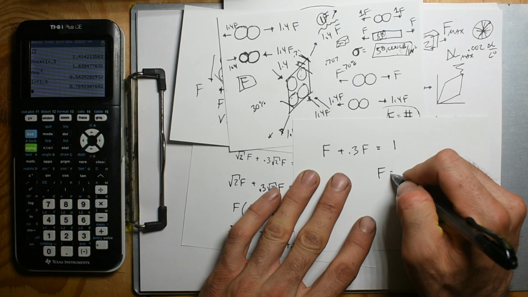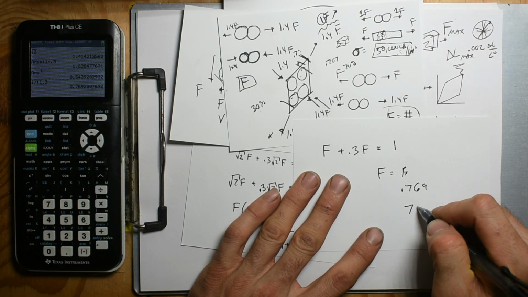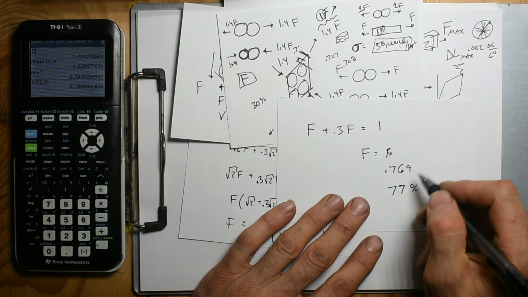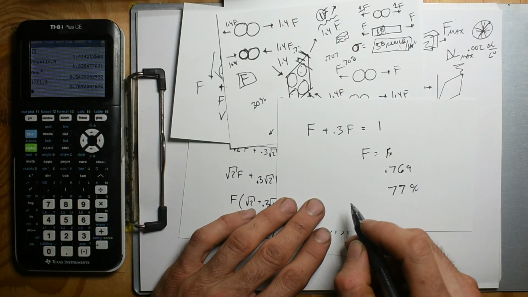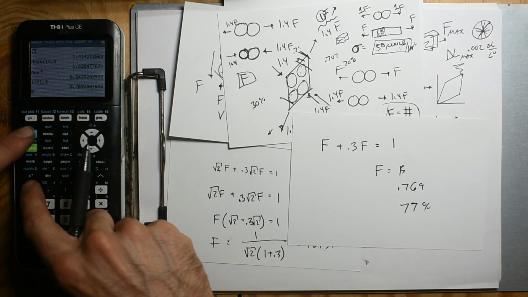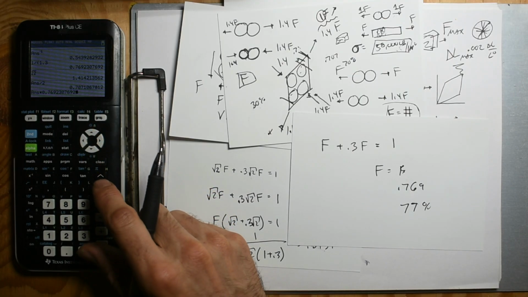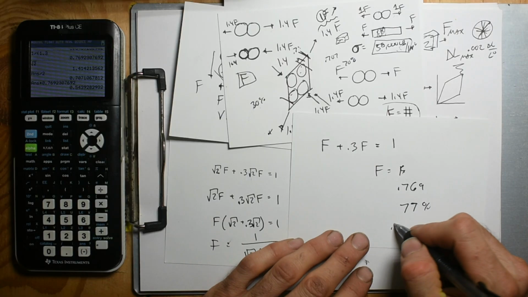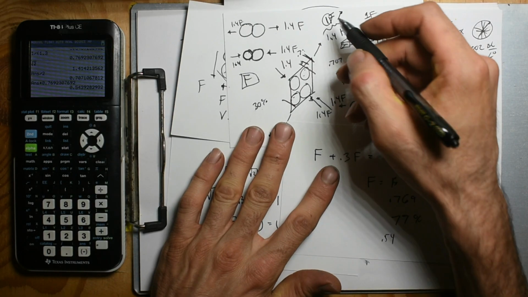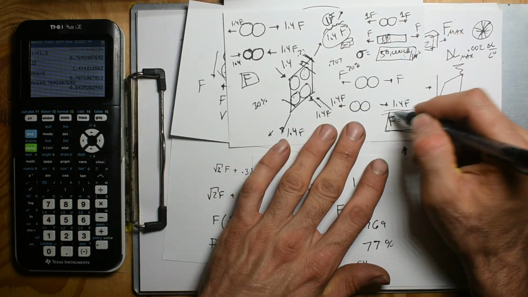I was getting f of 0.769, or 77%. But if I take the 77% of the square root 2 divided by 2 times 0.7, 70% of that, that's where you get that 0.54. So that's where I was messing up: we're already starting with a force of F.